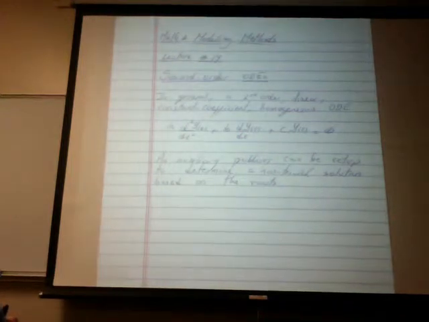We are seeking a non-trivial solution because, as you can tell, this equation being homogeneous, a trivial solution will satisfy it. If we pick y equals 0, that satisfies the equation. But we're looking for a non-trivial, non-zero solution, because we also have to satisfy boundary conditions.